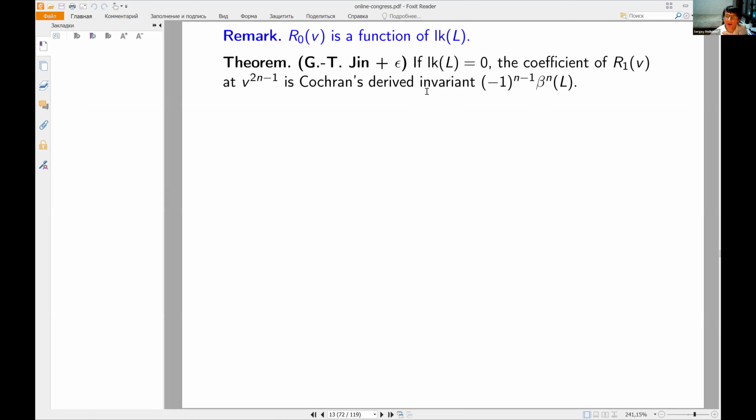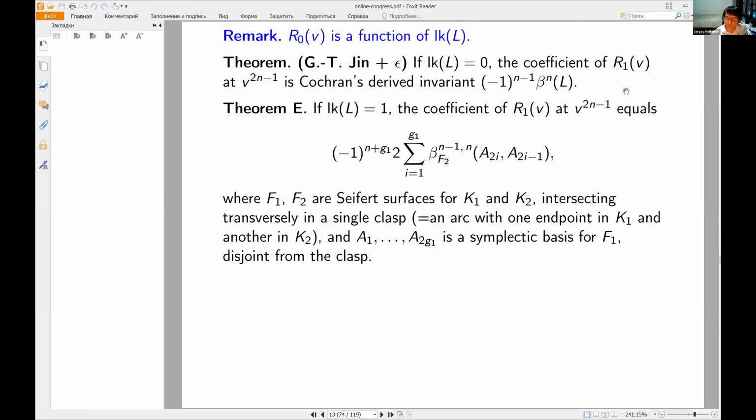The second one is essentially the generating function of Cochran's derived invariants when the linking number is 0. So this is essentially a theorem of Bieri-Tinsel, and he proved it for the Alexander polynomial, so it was up to a sign. You can determine this sign, and also I have an alternative proof using the Seifert matrices.